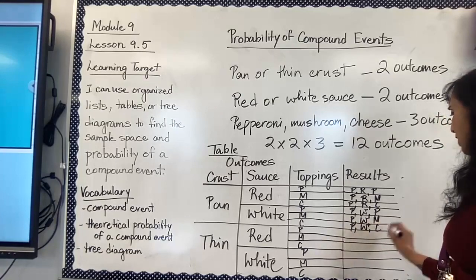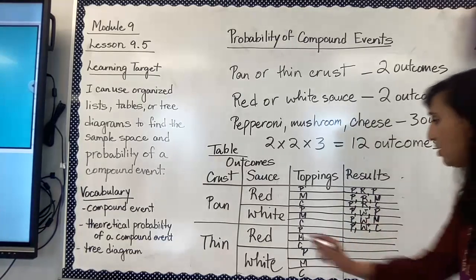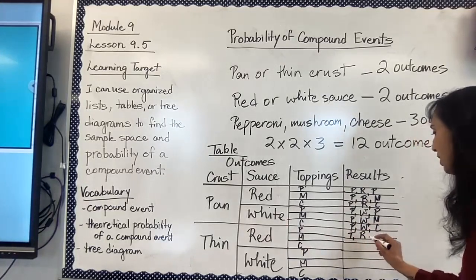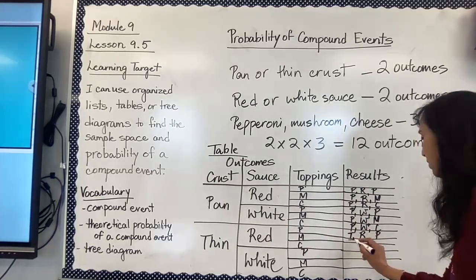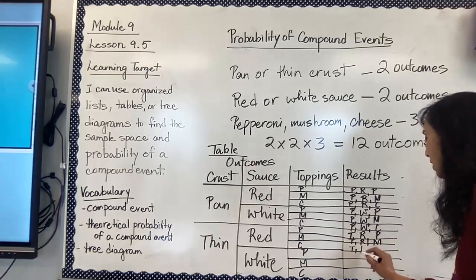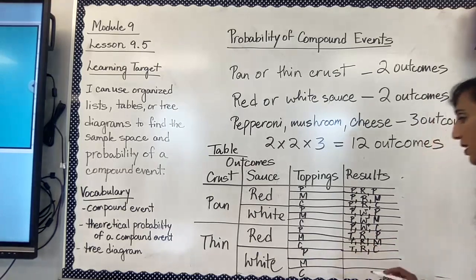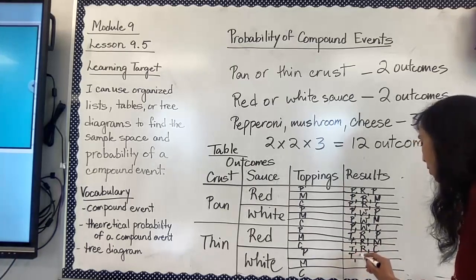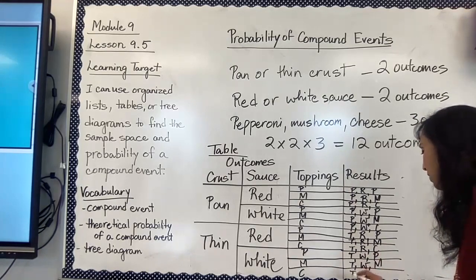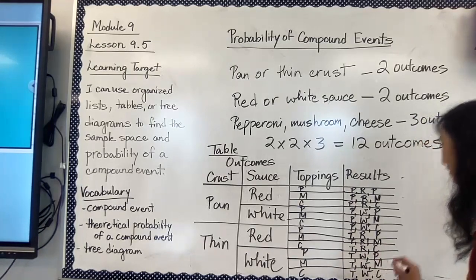Pan, white, and cheese. Then let's look at this. Thin, red, pepperoni. Thin, red, mushroom. Thin, red, cheese. And then thin, white, pepperoni. Thin, white, mushroom. Thin, white, cheese.